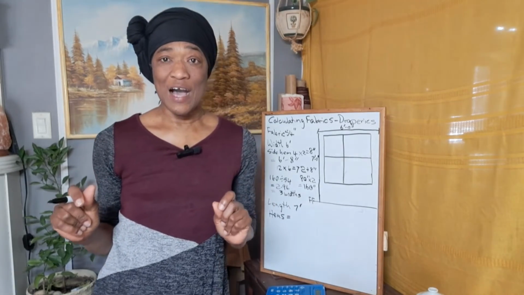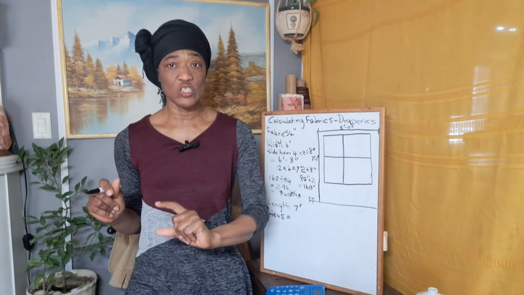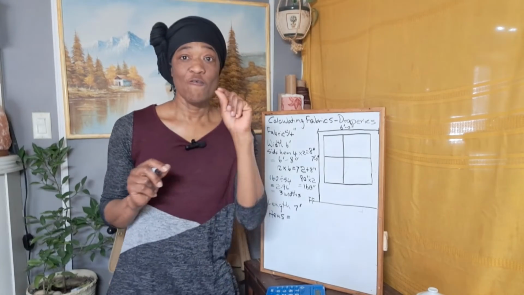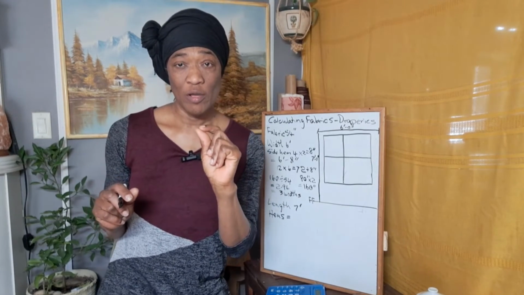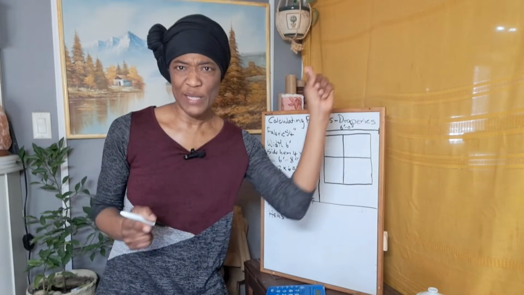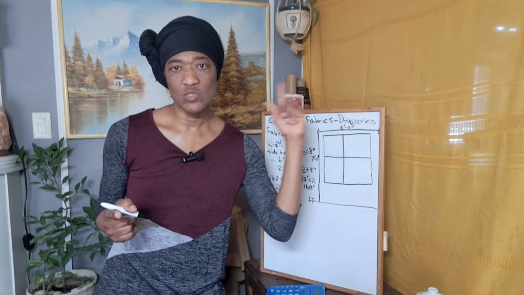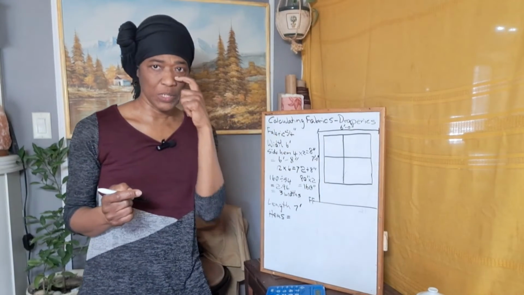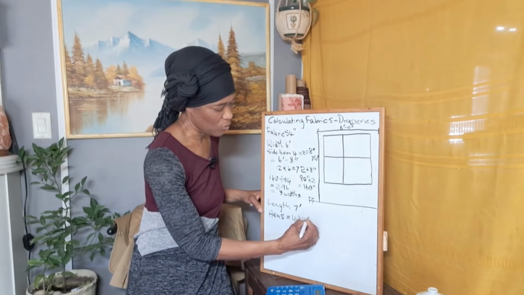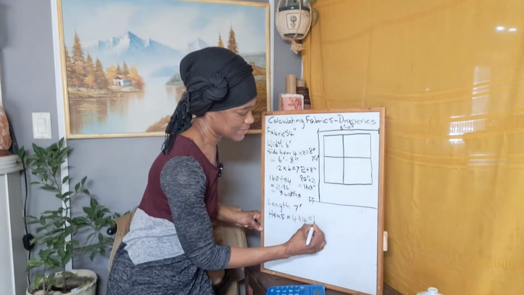So if we have a 4-inch double hem at the top and a 4-inch double hem at the bottom, it means that it's going to be 4 times 4, because remember, a double hem has 2 folds, right? I will link a video so you can check out the double hem and the best way to do your double hems when you're doing your curtains. But that's going to be 4 times 4.